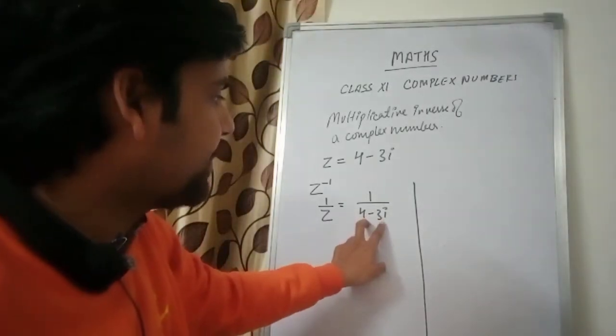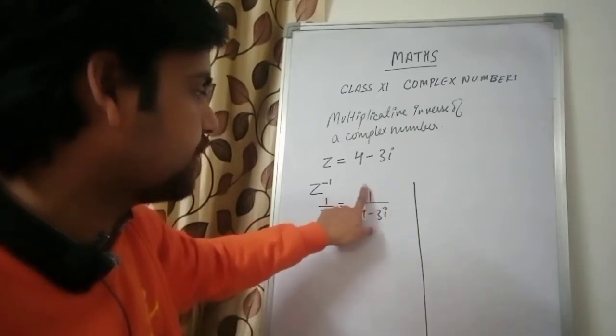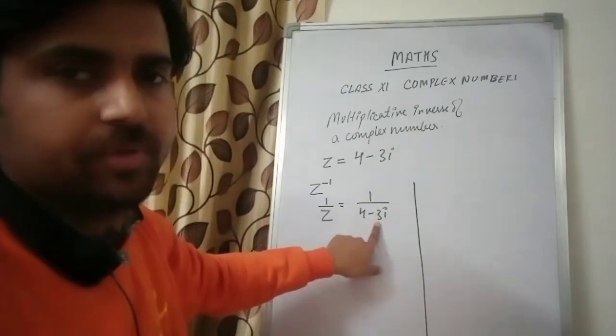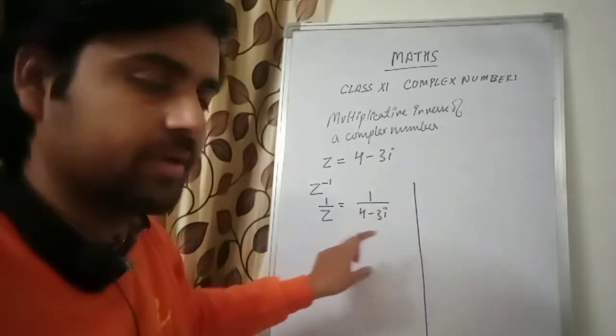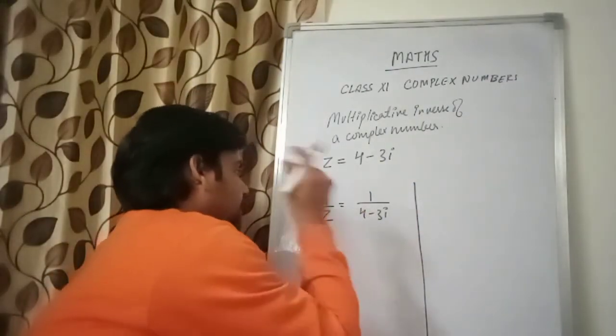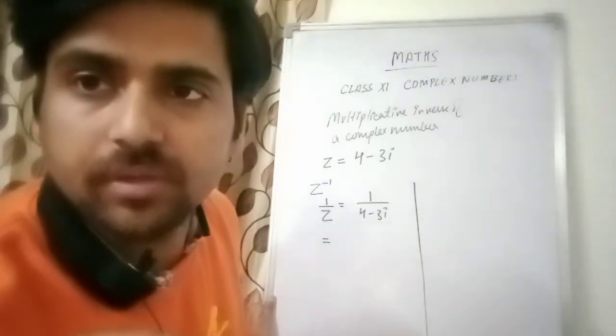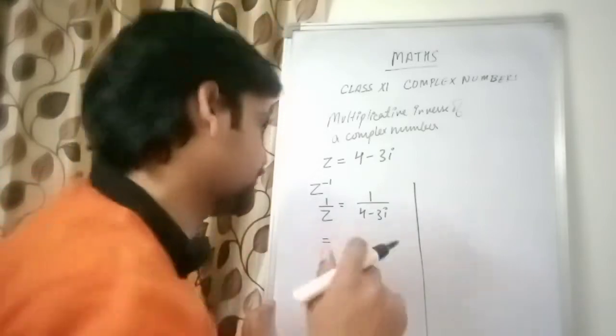I have to multiply the denominator and the numerator by the conjugate of this denominator, that is 4 minus 3i. How do we find the conjugate of any complex number? We change the sign which is in front of the iota.